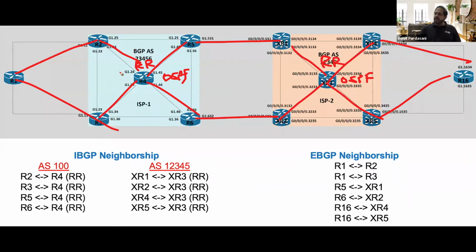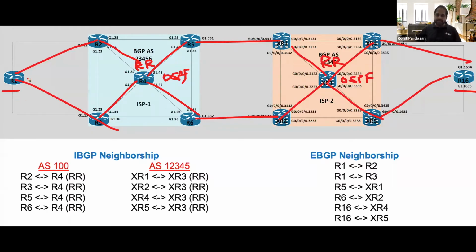Looking at this, if I go back to router 1, how do you think router 1 is going to reach the loopback of router 16? Router 16 is here, router 1 is here.